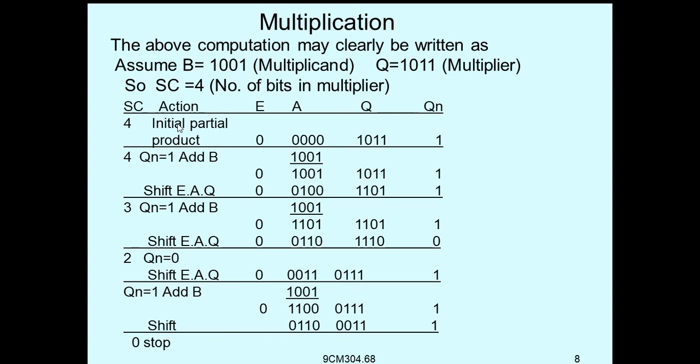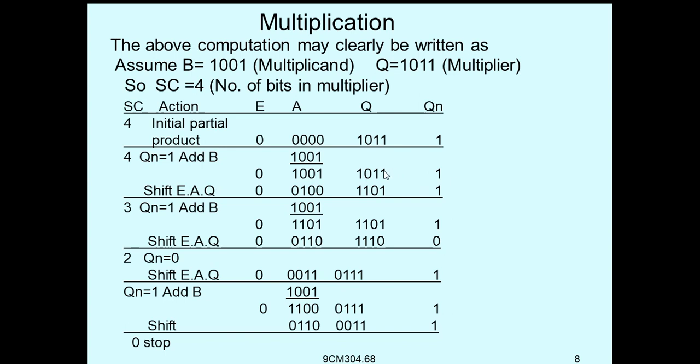Here this was initially set, and then check the Qn bit. Here Qn is 1. According to the fourth step, if Qn is 1 we have to add B. B is 1001. This is added to A. So we will get 1001, 1011, and then 1.